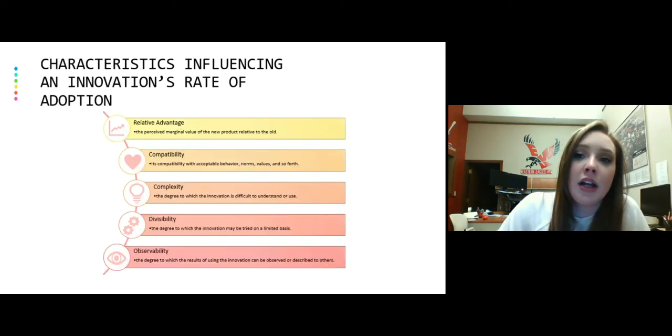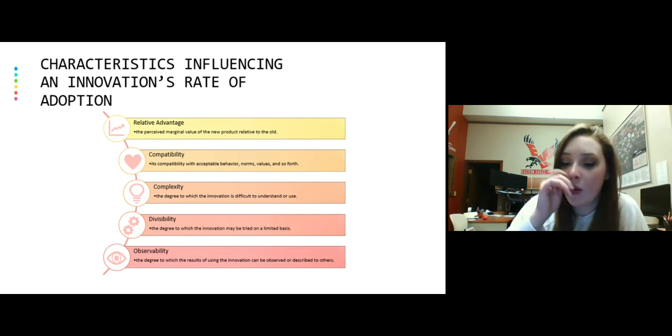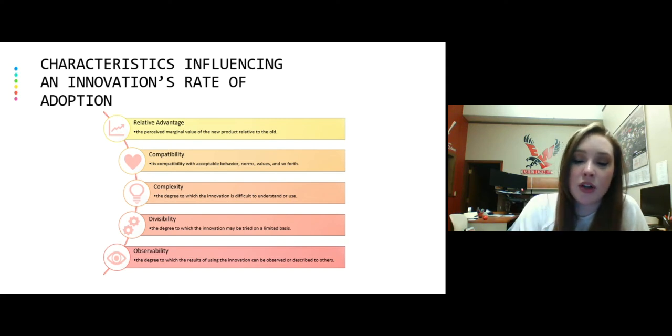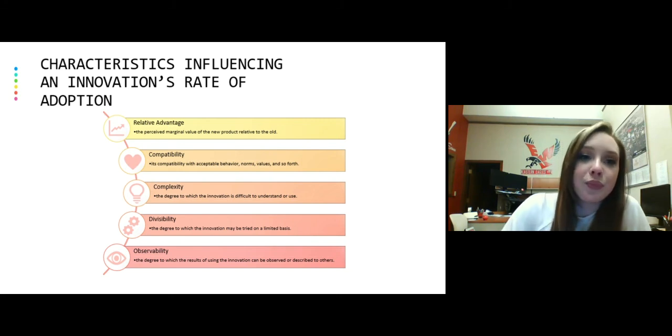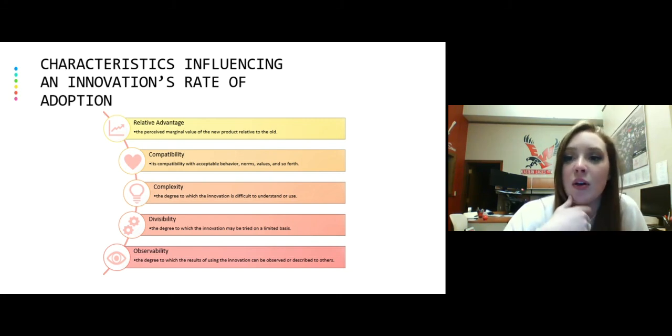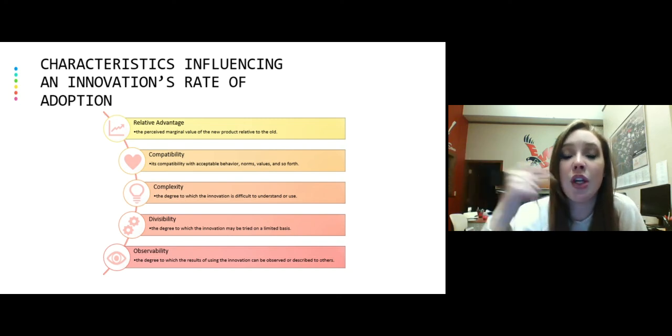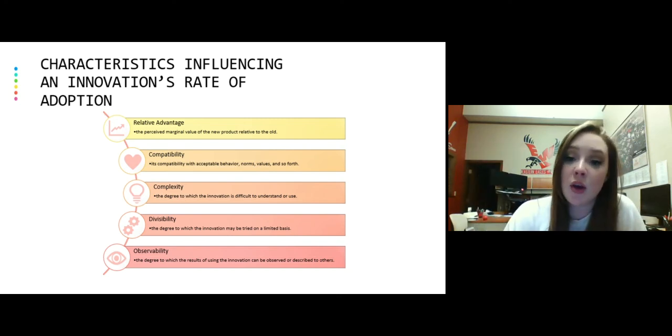Next, we have characteristics influencing an innovation's rate of adoption. And this is how we understand how a product gets into our society and how it's influenced. So first, relative advantage, which is the perceived marginal value of the product relative to the old. So is it better than the old?